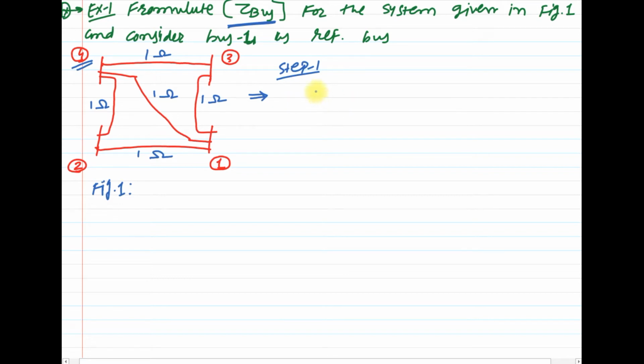So the first step is we have to draw the graph. So yes, as we know the definition of graph, tree and co-tree, so using that we will draw the tree for this network. Here it is bus number 4, 3, 2 and 1.